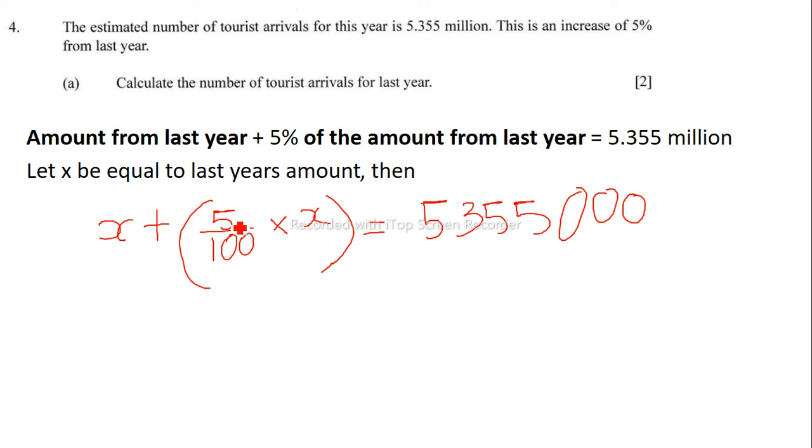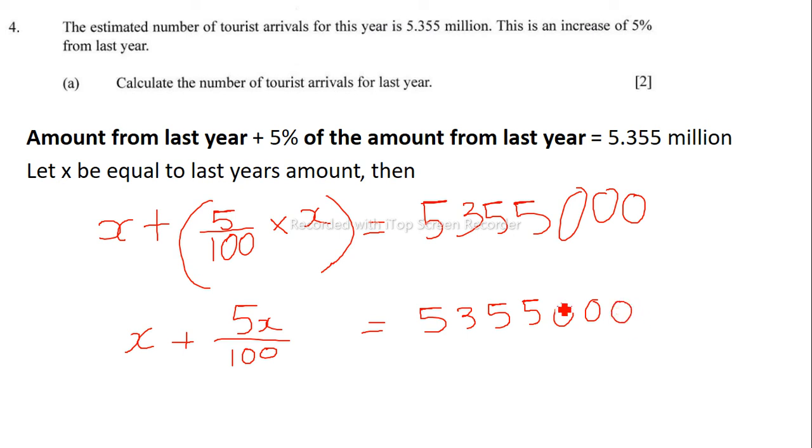So 5 over 100 times x is going to be 5x divided by 100, plus x, which equals 5,355,000.